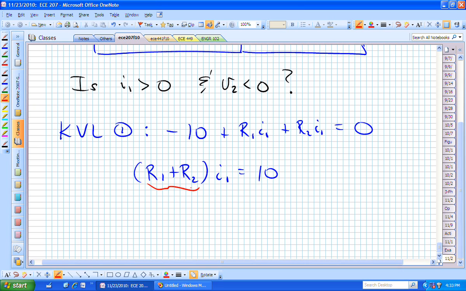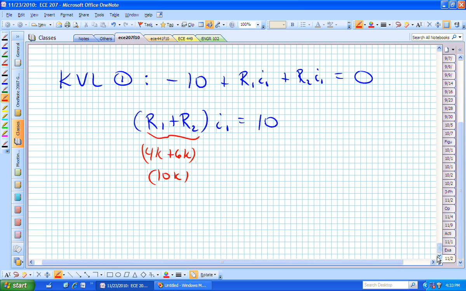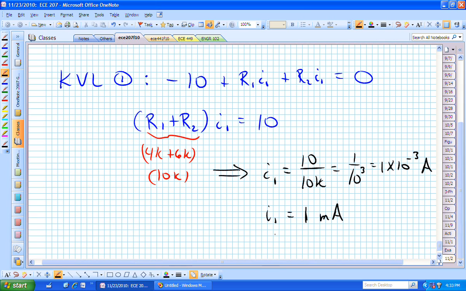K, 1,000. So 4K plus 6K gives me 10K, which allows me to conclude that I1 is indeed positive, and it's 10 divided by 10K, or 1 over 1,000, or 1 times 10 to the minus 3, or 1 milliamp.